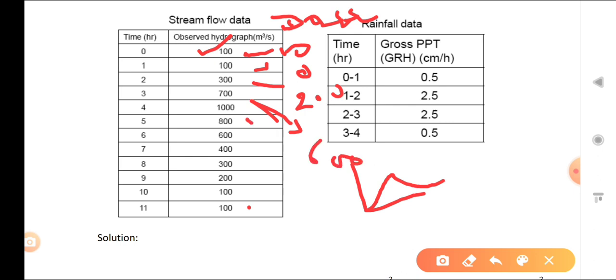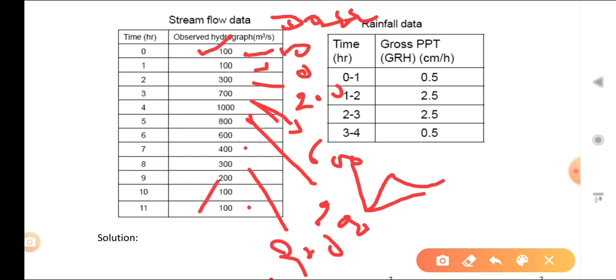Then 1000 minus 100 is 900. Similarly 800 minus 100 is 700, 600 minus 100 is 500, 400 minus 100 is 300, 300 minus 100 is 200, 200 minus 100 is 100, and 100 minus 100 is 0, 0.